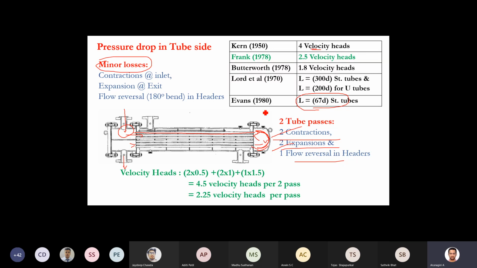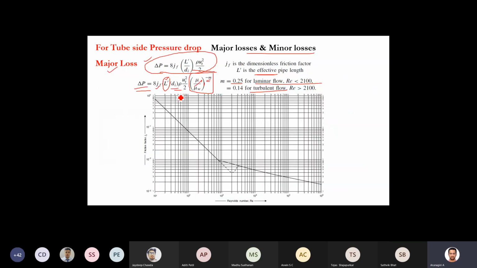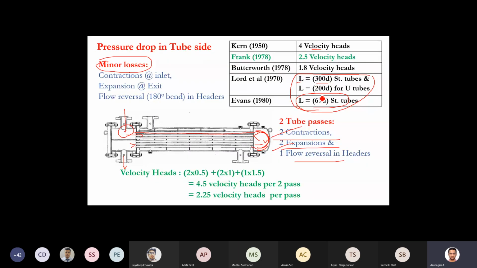Here L in the previous equation is replaced in terms of diameter, so L dash you can use 300 times D, or 200 times D, or 67 times D. So different methods are there to account for your minor losses.